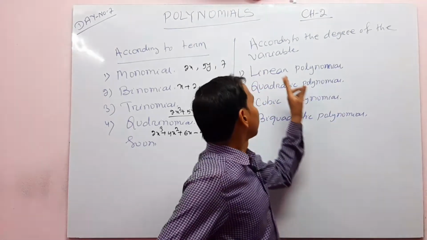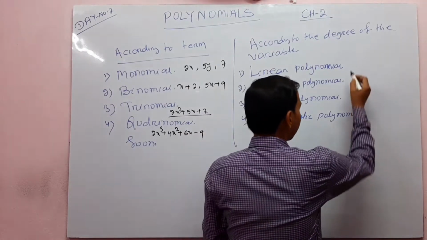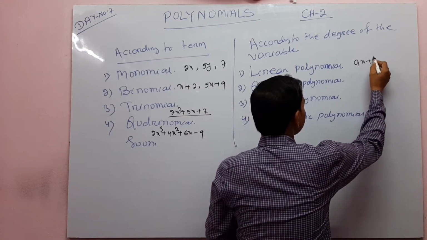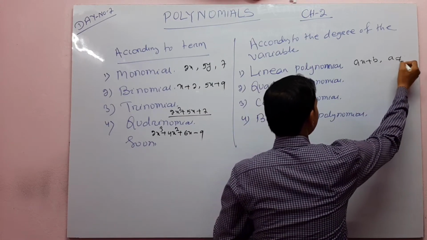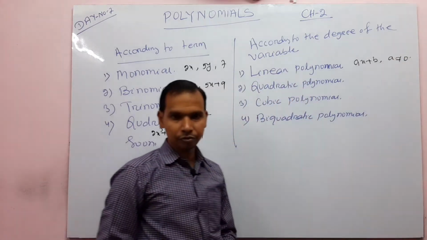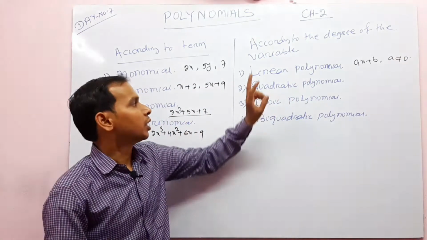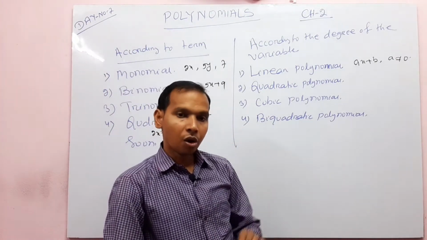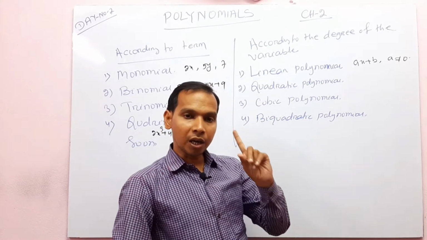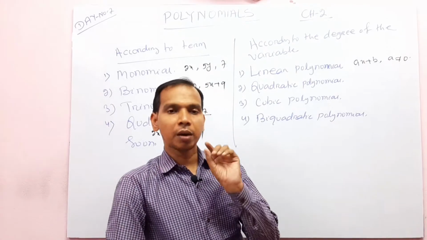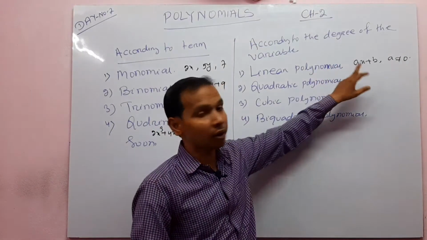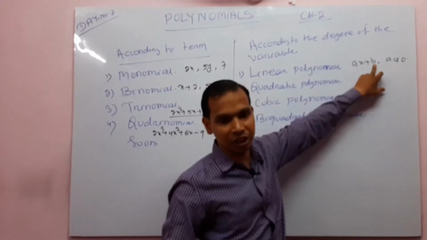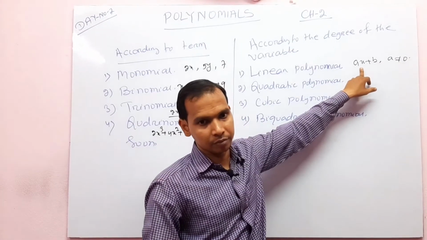The standard form of linear polynomial is ax plus b, where a is not equal to 0. You must write this out. Here a and b are constants, and the variable is x.